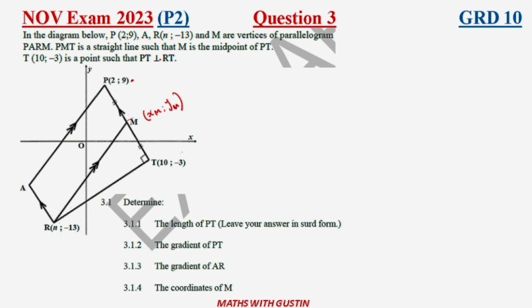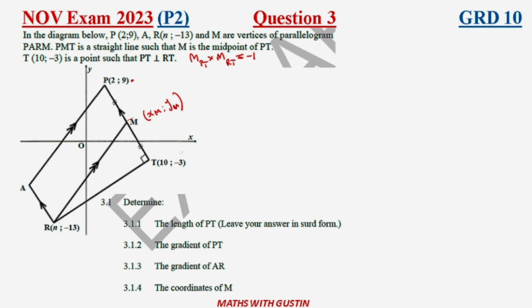So we know that immediately when they talk about perpendicular, it means that the product of the gradients of the two lines is going to give us -1. Guys, these are just the basics, so when you read a question, state them as you move along. You'll never know when you're going to need them in this question.